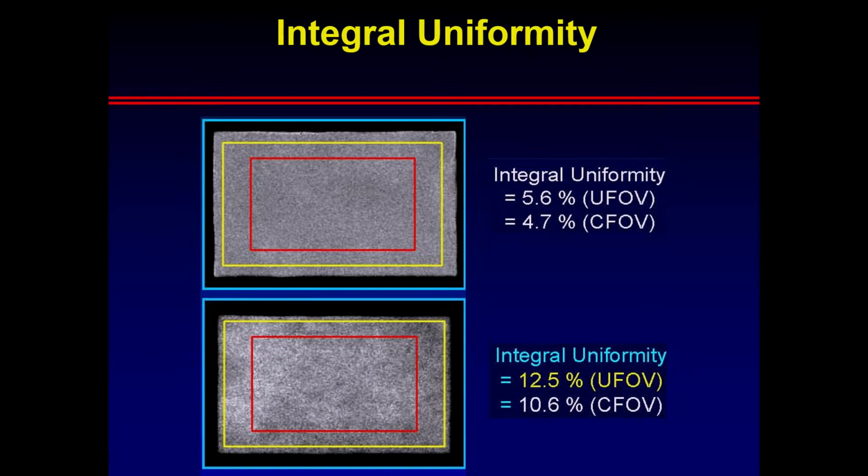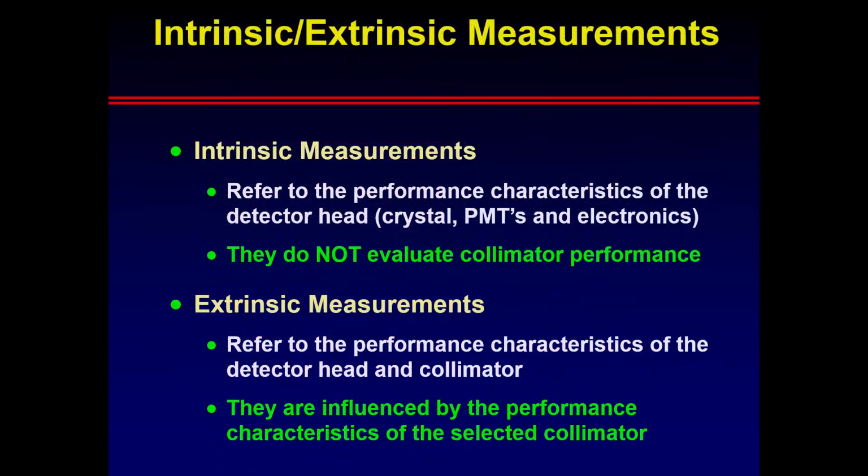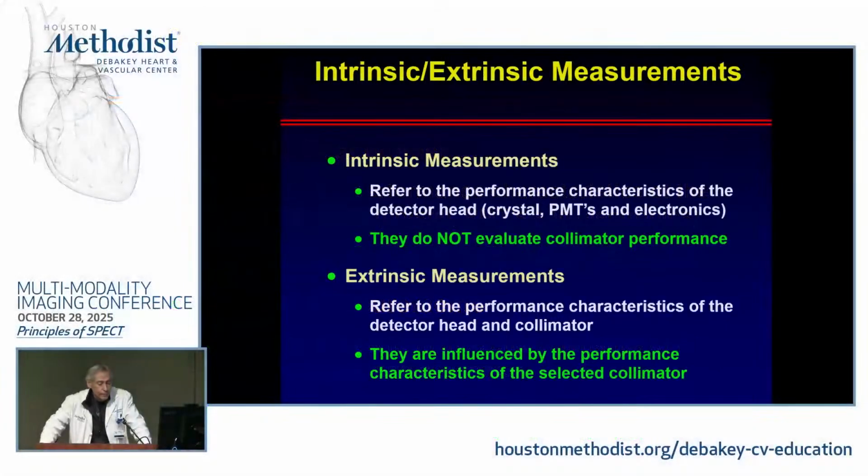So when we do these kind of floods on a daily basis, we have to correct for any kind of non-uniformity there is in the crystal surface before we image patients. Okay, so we do two types of uniformity corrections.